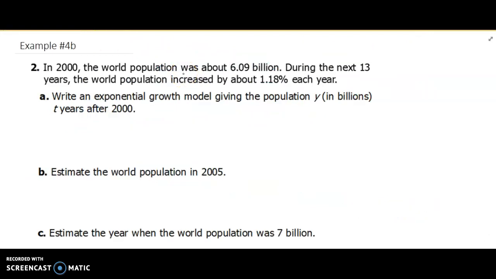If you want to try this on your own, pause it and try it on your own. You surely should be able to do it, but if not, I'll walk you through it. Remember, we want to use the form y equals a(1 plus or minus our rate)^t. It says, in 2000, the world population was about 6.09 billion.